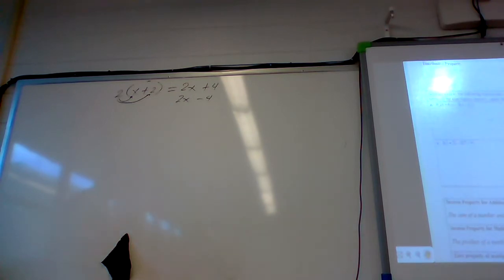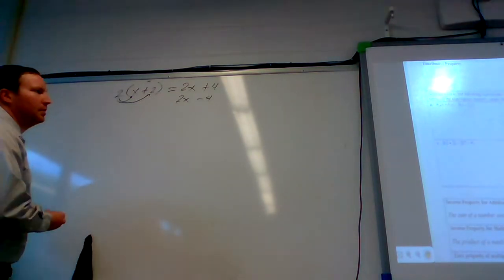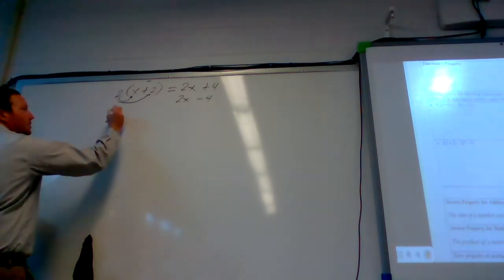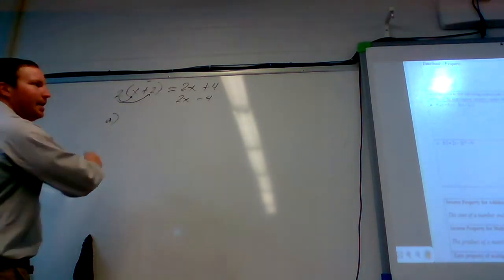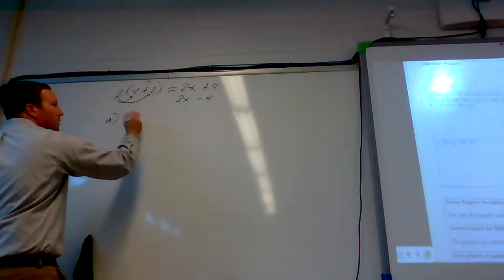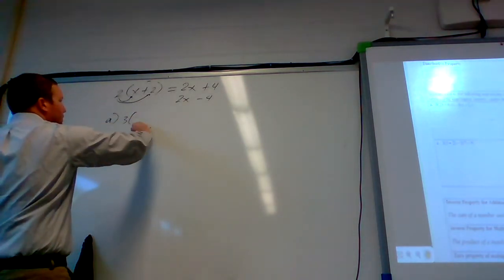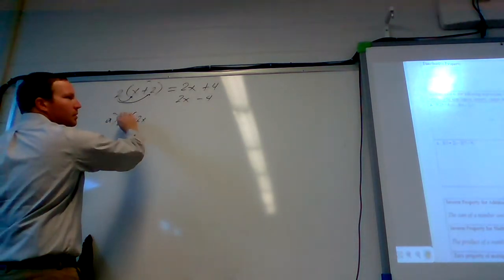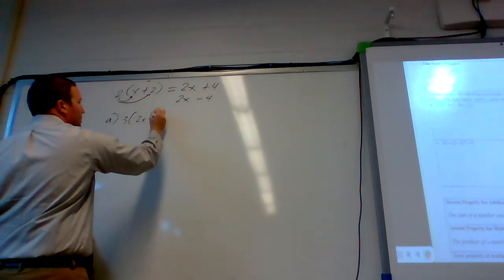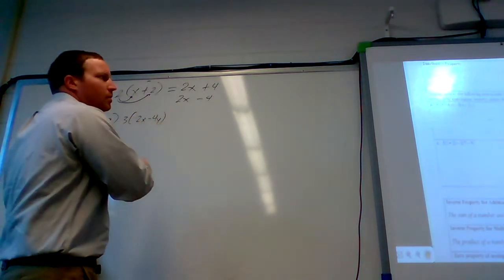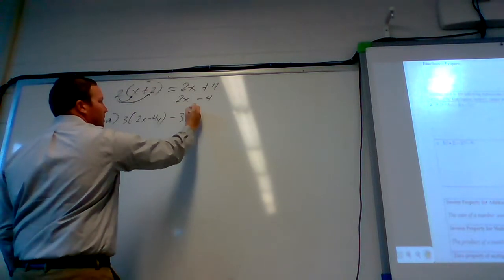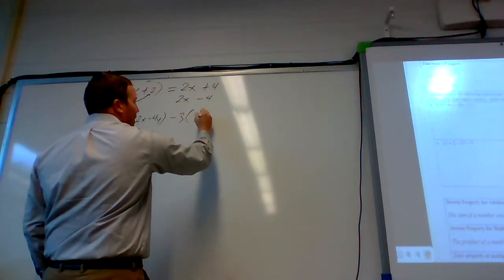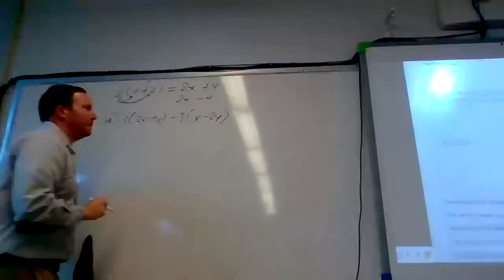So let's just do one of these. I think you guys remember that. Let's look at A. We have 3 times (2x minus 4y).